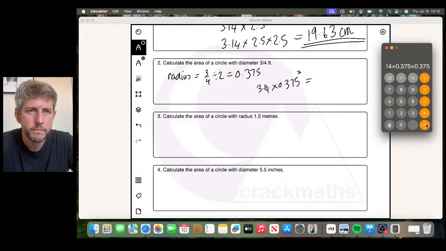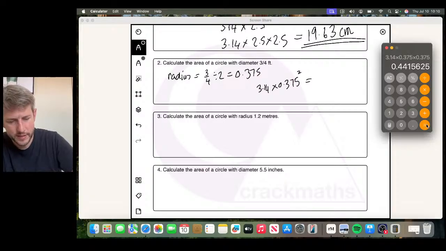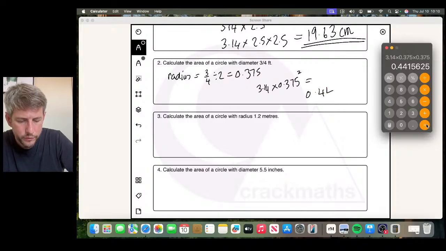Okay, and that's going to be 0.44 square feet.